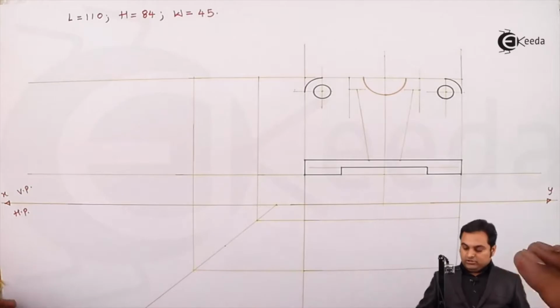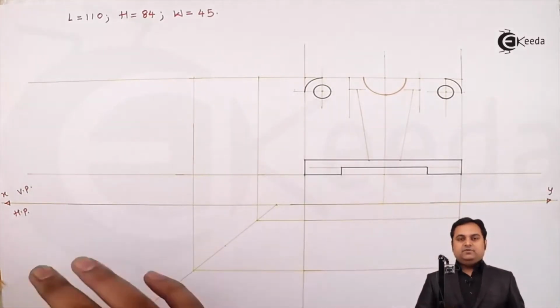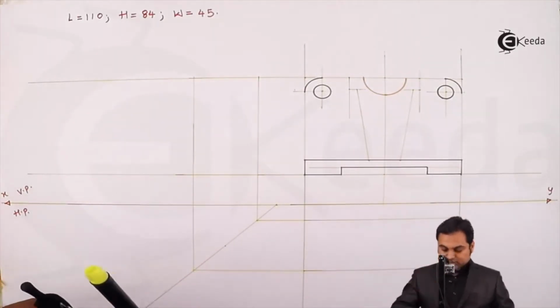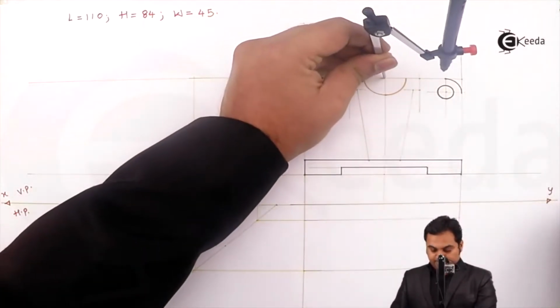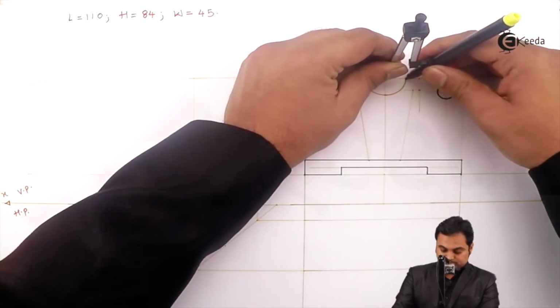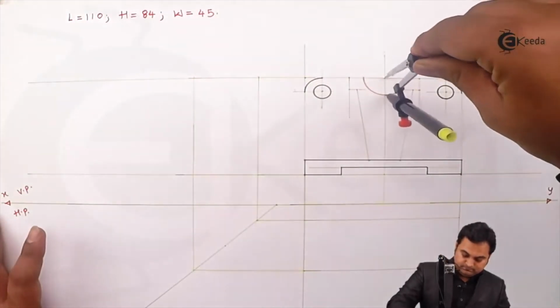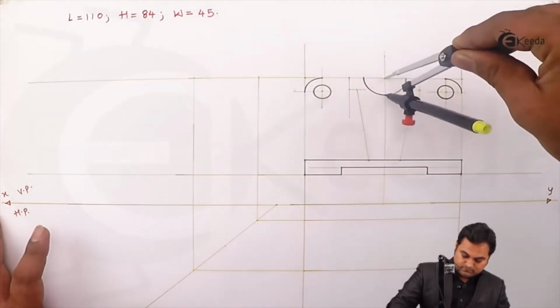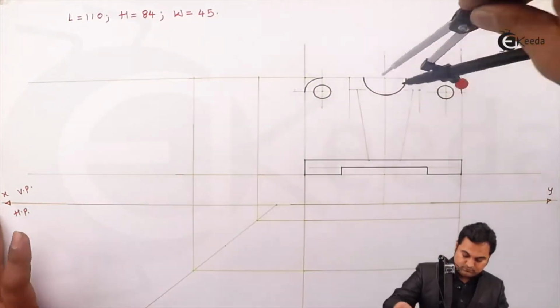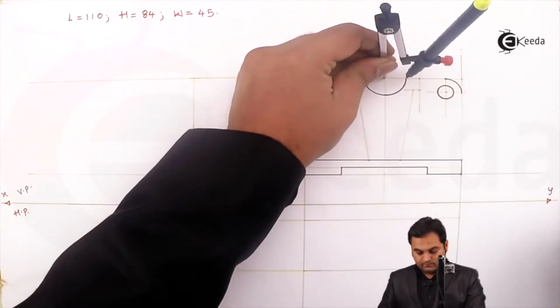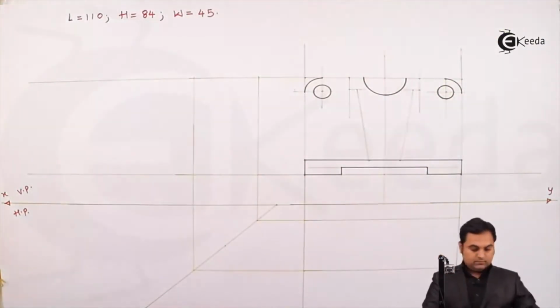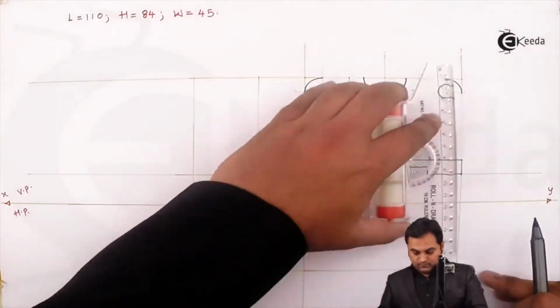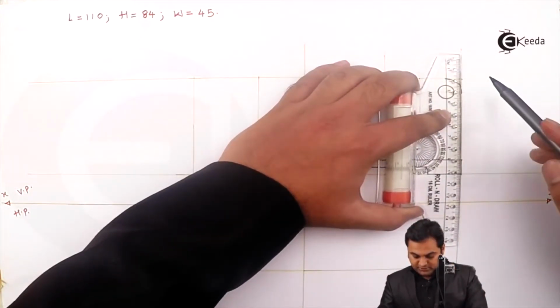First I'm making all the arcs, circles, semicircle dark. Then I'll go on to the surfaces. So making all the outlines dark.